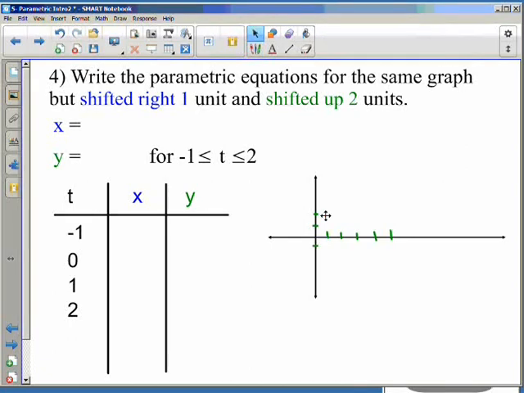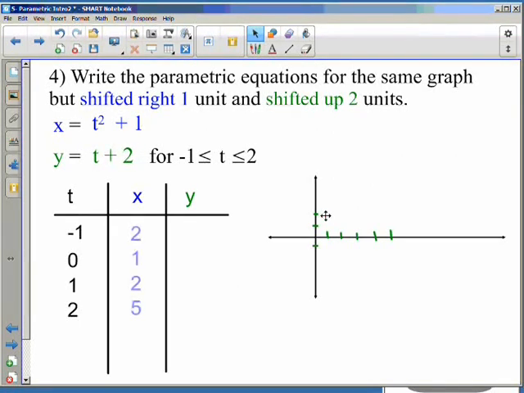Okay. Well, if we shift right 1, we have to consider this being coordinates, and we're going to add 1 unit. We're not going to put it inside parentheses here, so it's outside. We just add 1. And to go up 2, we're going to +2 to all the y values.